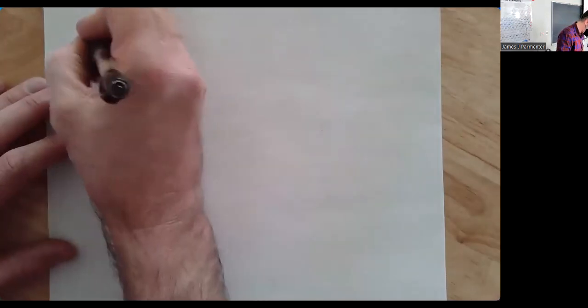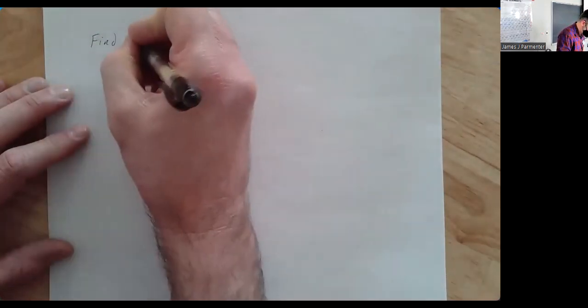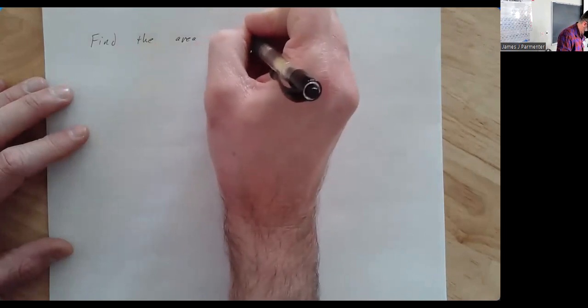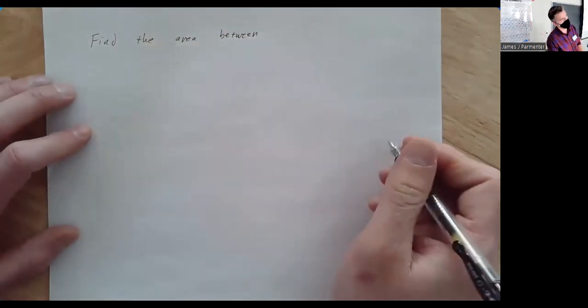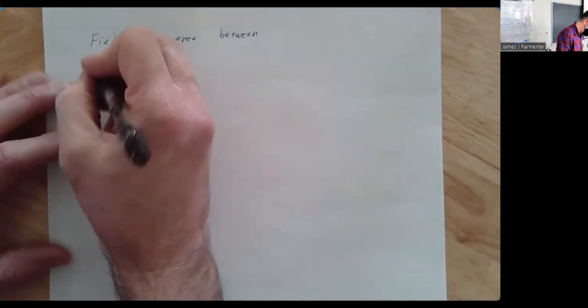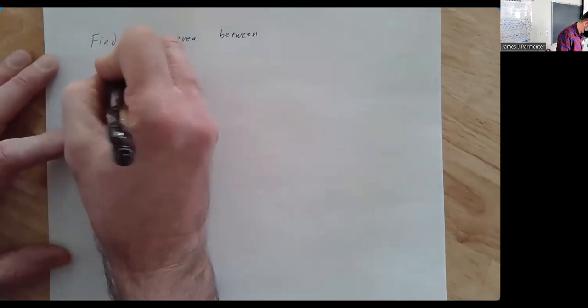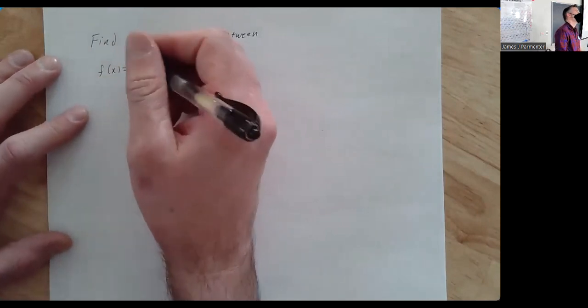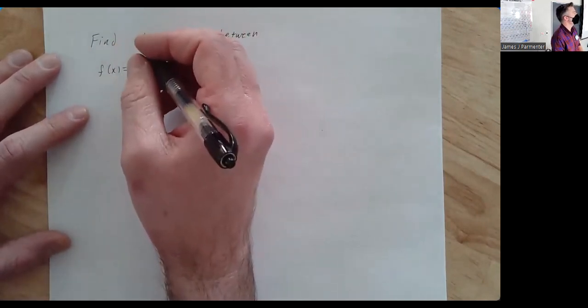Let's look at one more example like this, where I'm going to point out how we figure out what we want if we don't draw it. So let's say we wanted to find the area between, I have to make something up. Let's see here. f of x equal to, oh, sorry, let me think about my favorite example here.